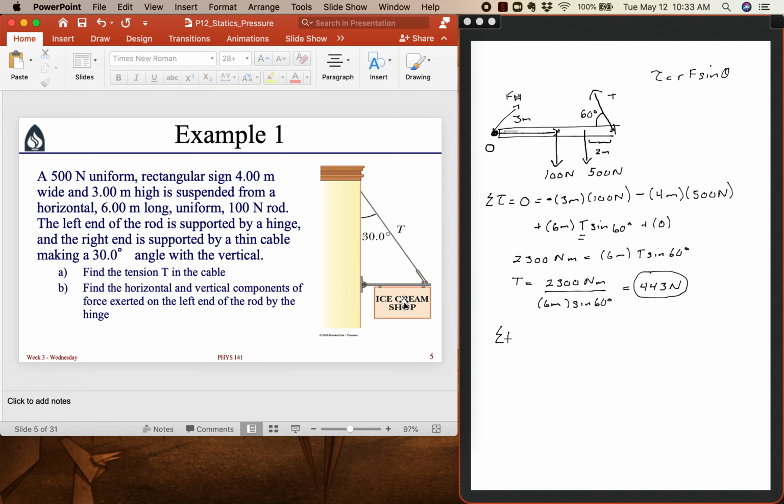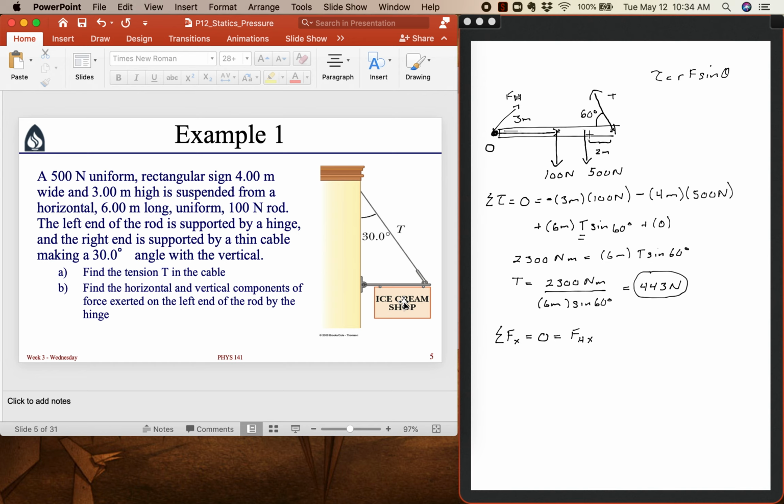I know that the sum of the forces in both directions is going to be 0 since the rod is not moving. So if I sum the forces in the X direction, that's going to be 0. And the sum of the forces in the X direction is, well, I'm going to have some X component to my hinge force, likely. So I'll say hinge force X component.